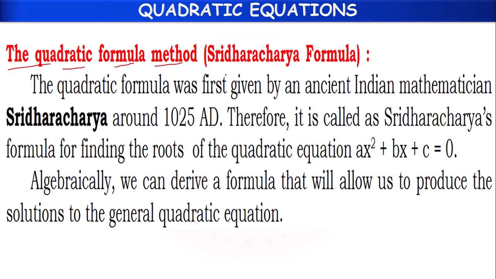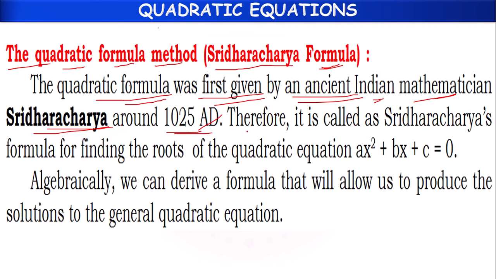It is also known as Sridharacharya's formula because the quadratic formula was first given by an ancient Indian mathematician, Sridharacharya, around 1025 AD. That's why it is called Sridharacharya's formula for finding the roots of a quadratic equation which is in the form ax square plus bx plus c equals 0.